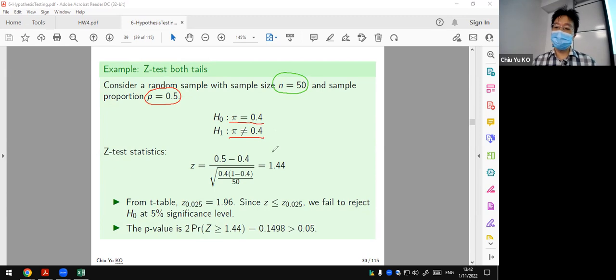Okay, and what is needed for you to make this work is to make sure that n pi is bigger than 5 and n times 1 minus pi is bigger than 5. Okay, so how can you make sure of that? Because you know the pi already, right? So as long as you collect data that is more than 5, then you're done. Okay, so if you do that, the central limit theorem holds, right?